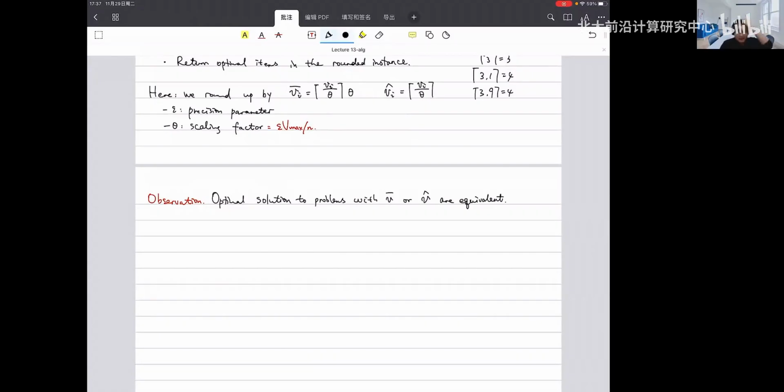I guess this is straightforward because they are just proportional to each other. If the two instances are strictly proportional to each other, and for all the i's the proportion is the same, then you can clearly see that the optimal solutions to the problem with the bar value and hat value must be equivalent.